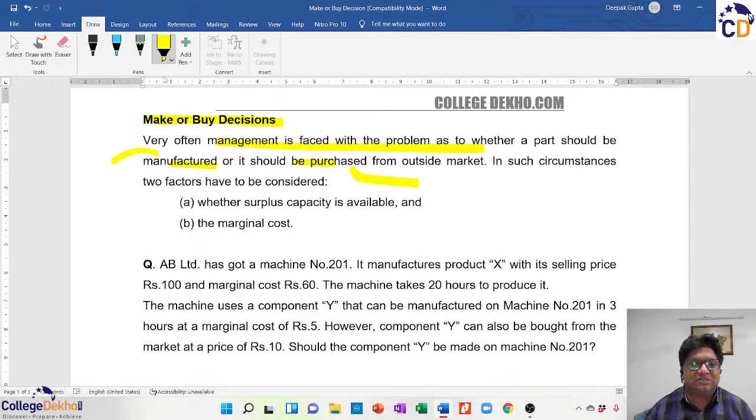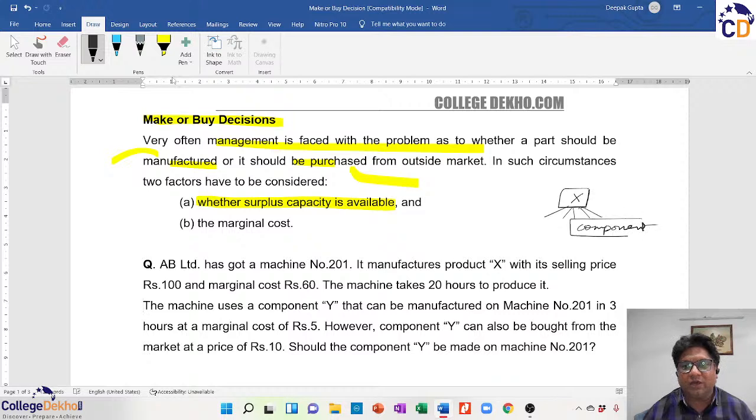But this decision firstly depends upon the surplus capacity that is available with the factory or not. If you need a product X, or you are creating a product X which uses various components, it has to be decided whether one of the components should be purchased or produced.